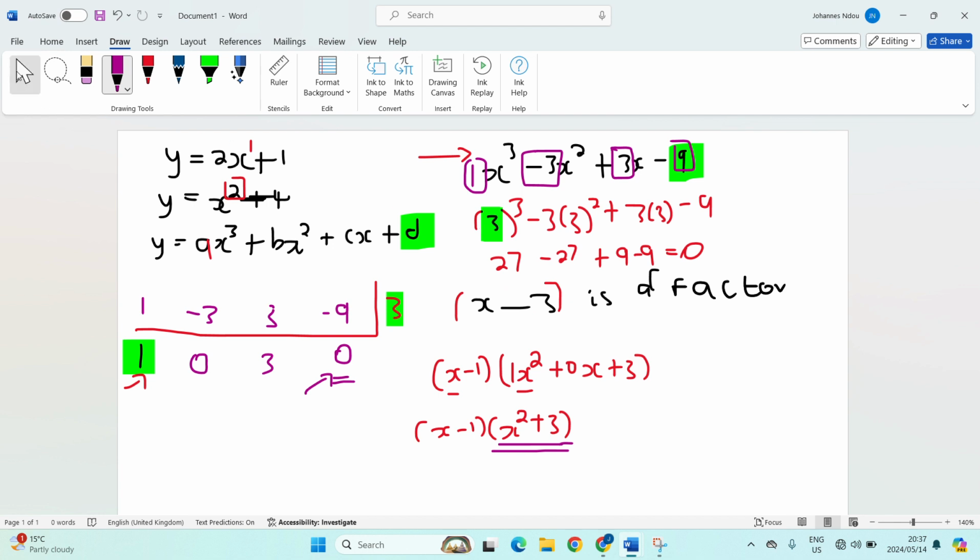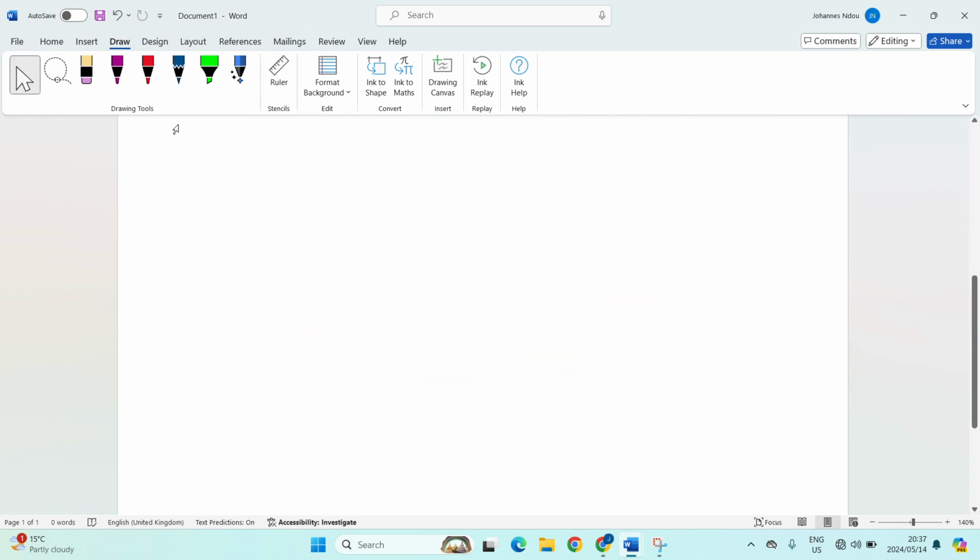Just to illustrate this more nicely so that everyone understands this. Now if I replace 2 and I get a 0 in the expression, then my factor is x minus 2. If I replace negative 3 and I get the expression as 0, my factor is x plus 3. So the difference is in the sign here.